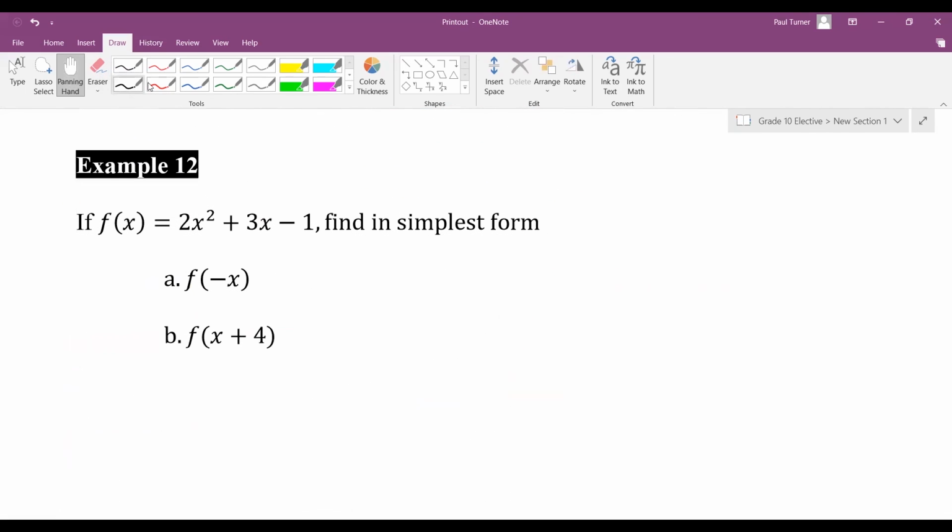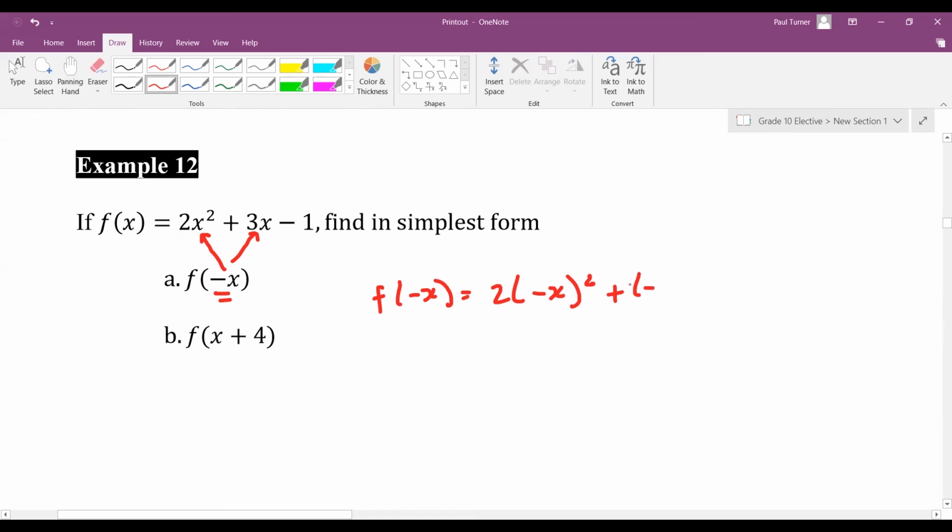So in these ones, we need to substitute these values into the function. You're going to have to put a minus x in there and a minus x in here for this one. So that would be f(-x) is 2 times (-x) squared plus 3 times (-x) minus 1.